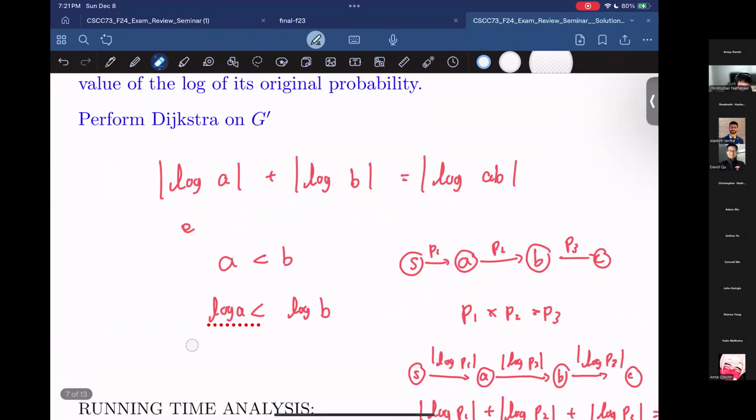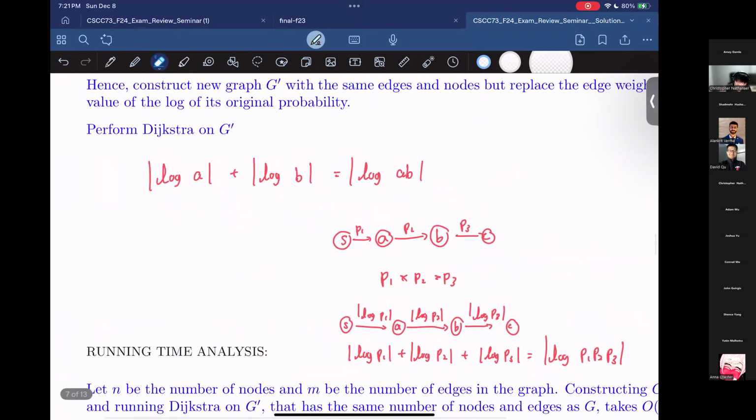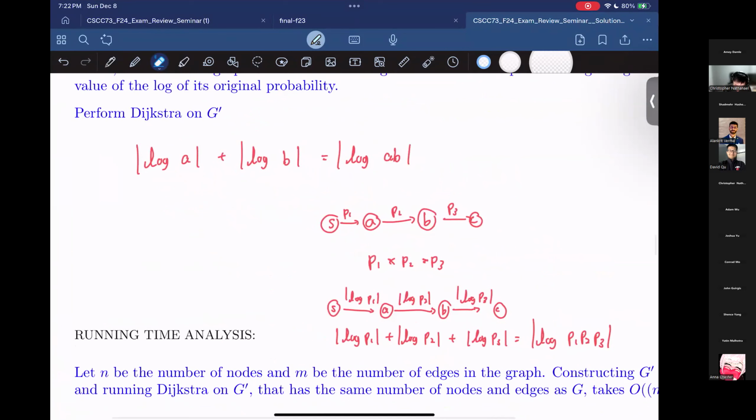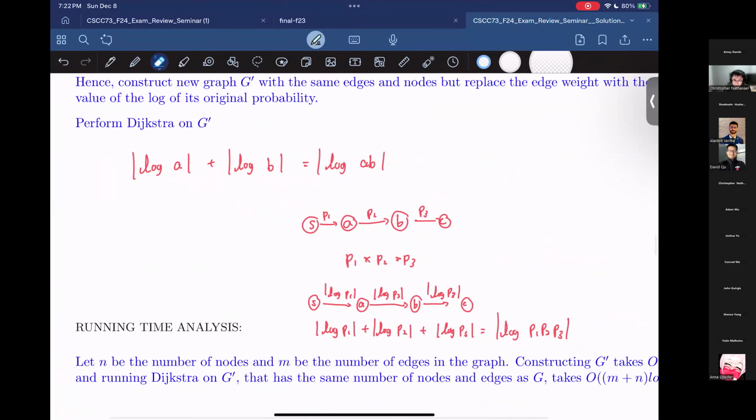Let's erase this relation. I don't really like it. It maps values in a one-to-one manner, basically. That was the point of that statement. We were able to do the flipping and the multiplication by using the absolute value of log, and the fact that they're all going to be negative by the upper bound of probabilities.